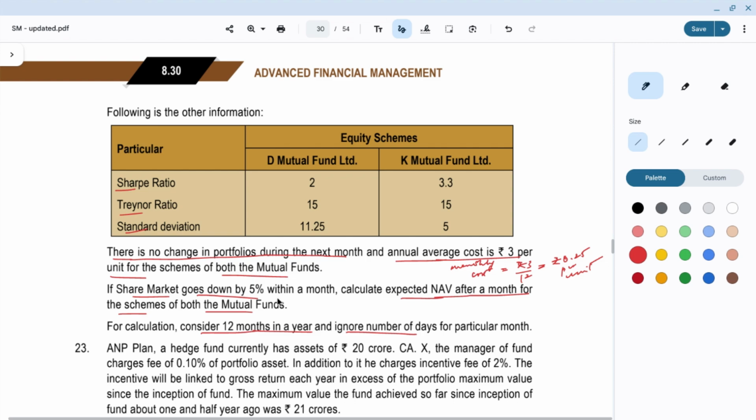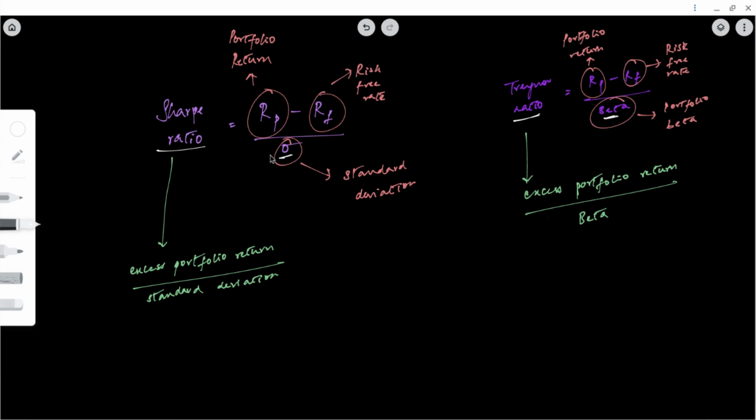So if share market goes down by 5%, then what will be the change in the portfolios of D and K? So for that we need to find out what is their beta, right? So we have Sharpe ratio, Treynor ratio, and standard deviation, and we need to find out what is their beta. So how do I do that?